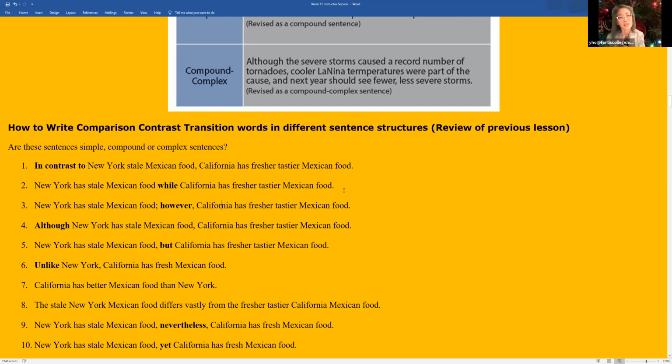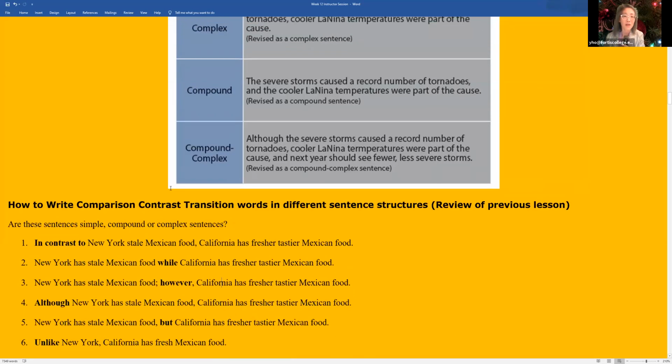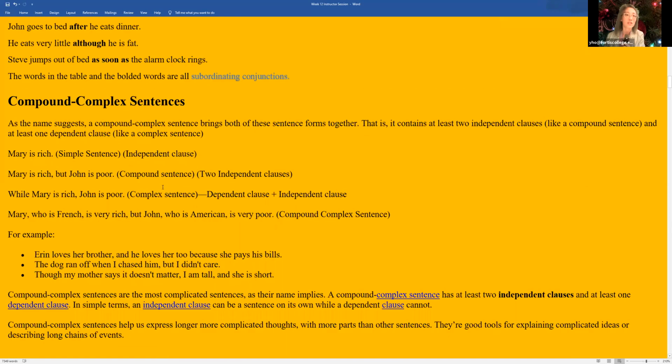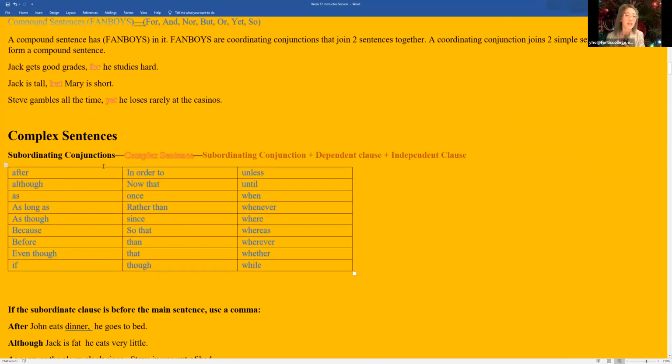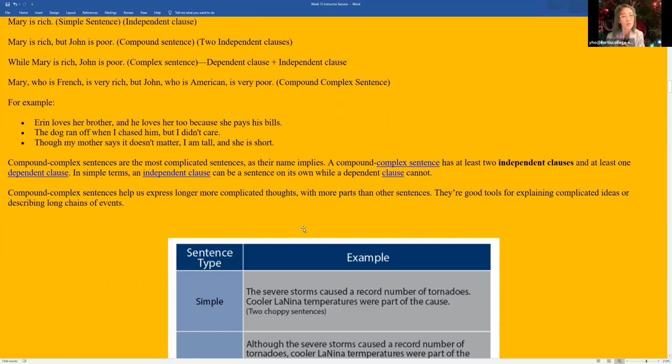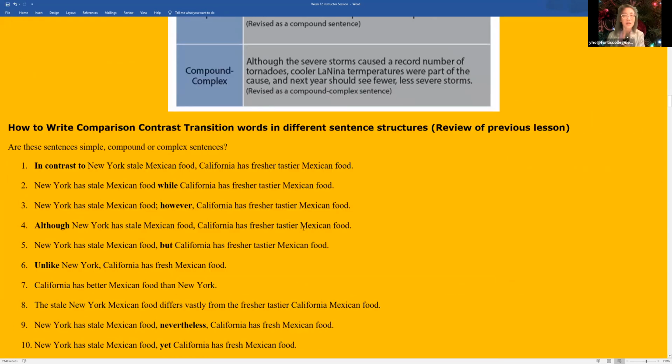In other words, for some reason the writer thinks this part is not as important, but this part is important. And so the way you know if something is a complex sentence is by memorizing or knowing your subordinating conjunction list, which is why I told students you should get a subordinating conjunction list and become familiar with it. That way, when you are a writer, you know what sentence you want to emphasize.